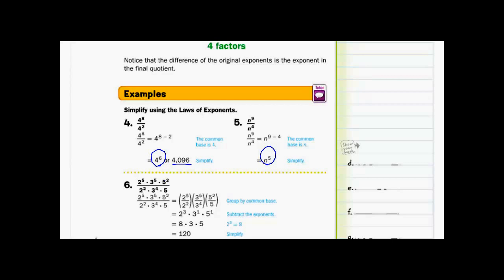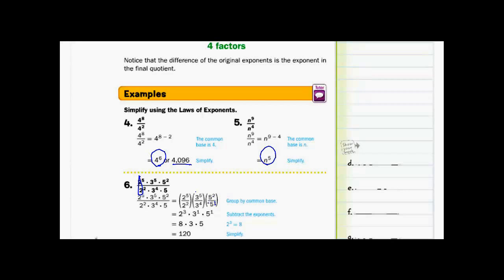If they are like bases, remember you can subtract the exponents. So we have a base of 2 right here. Exponents were 5 and 2. I can subtract them, 2 to the 3rd power. I have base of 3, exponents 5 and 4, subtract them, 3 to the 1st. Remember, if I do not have an exponent, I assume it to be a 1.